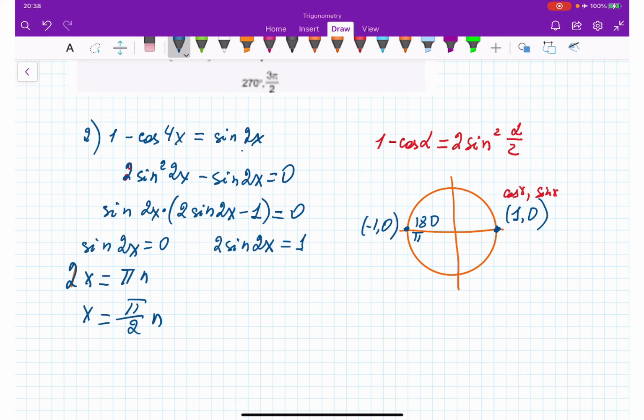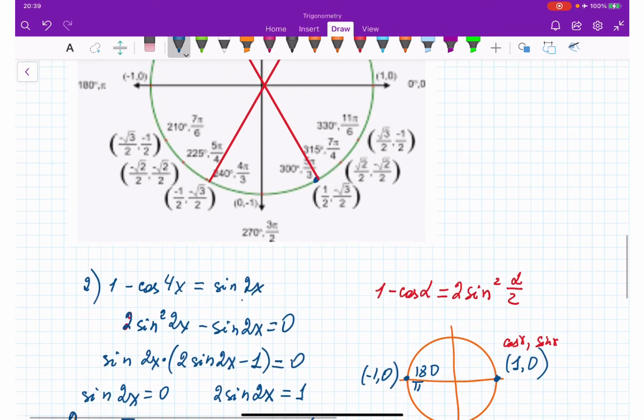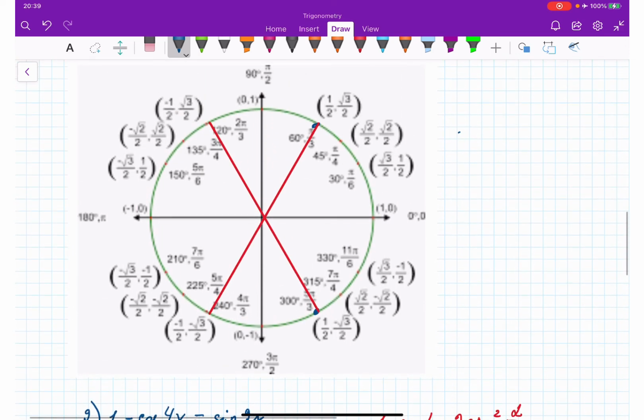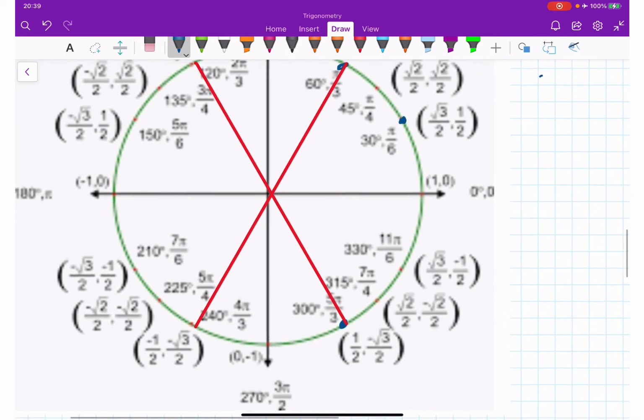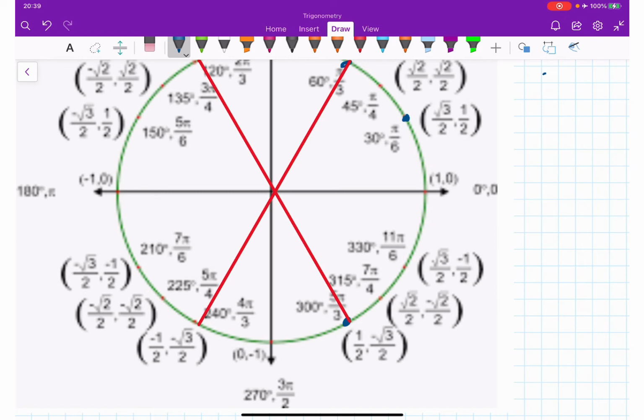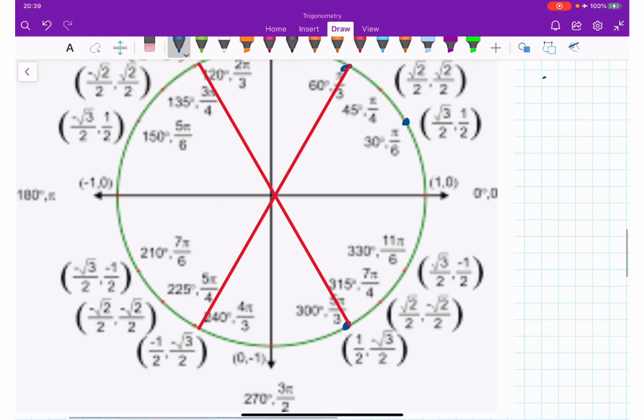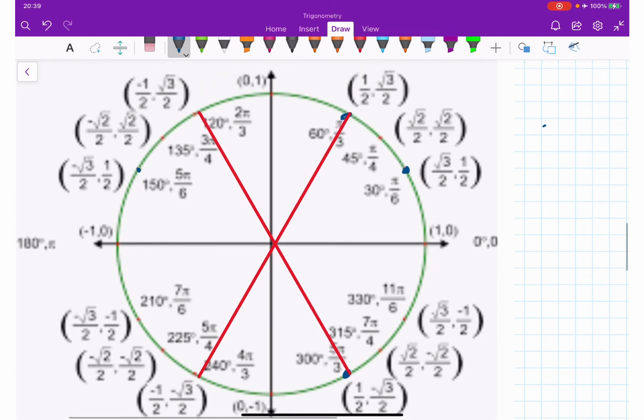Now 2 sine 2x is equal 1. From here, sine 2x is equal 1/2. Okay, 2x is equal, let's see, the sine of what angle has 1/2? It's pi over 6, right? Where else do we have sine equal 1/2? Where is it? Here it is. 5 pi over 6.